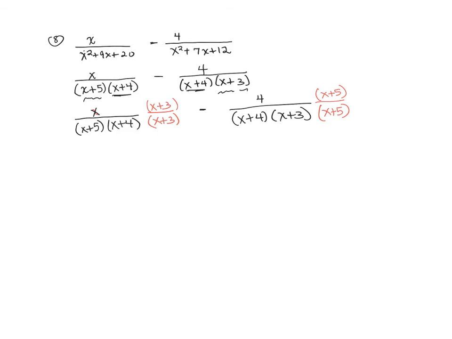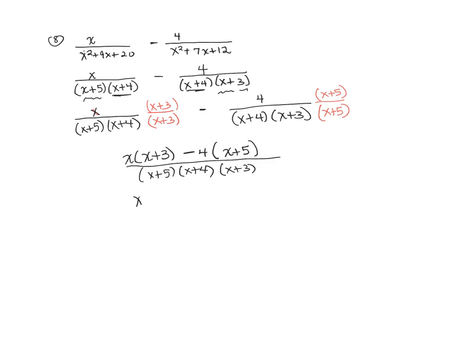So now let's make one big denominator that's factored: x plus 5 times x plus 4 times x plus 3. And we're going to combine the numerators. So we have x times x plus 3, do not multiply yet, minus 4 in parentheses x plus 5. Now let's distribute.